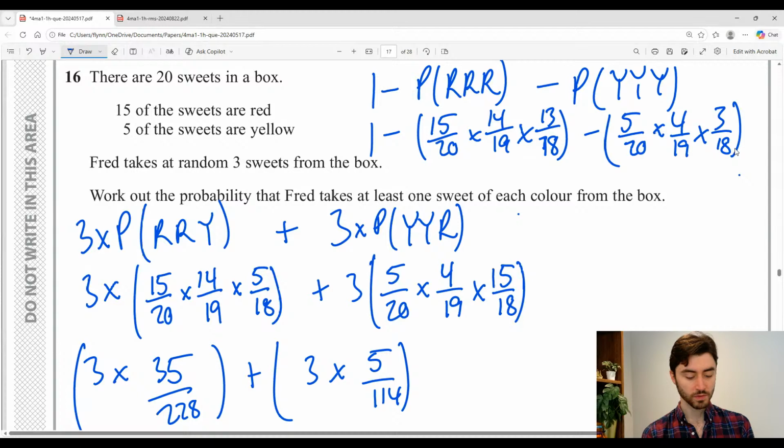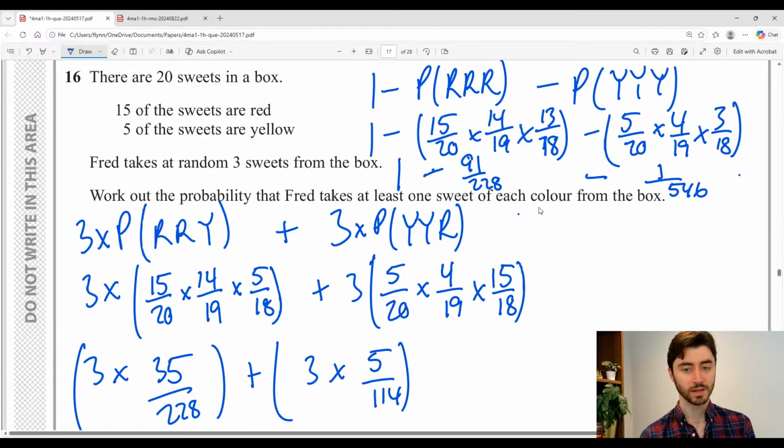So 15 times 14 times 13 out of 20 times 19 times 18. So it's 1 minus 91 out of 228, minus, and this one would be 5 times 4 times 3 over 20 times 19 times 18, 1 out of 546.